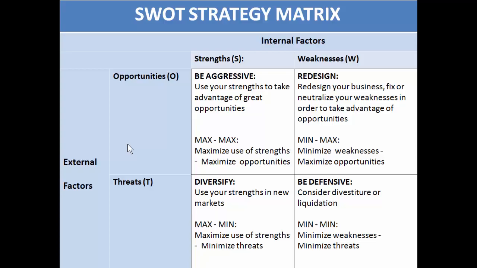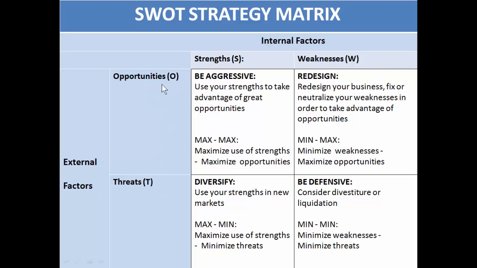Now, another set of strategies is called the SWOT strategy matrix. The SWOT strategy matrix actually takes all of your strengths and weaknesses, the analysis that you have already done through the situation analysis, and examines your external factors like opportunities and threats.